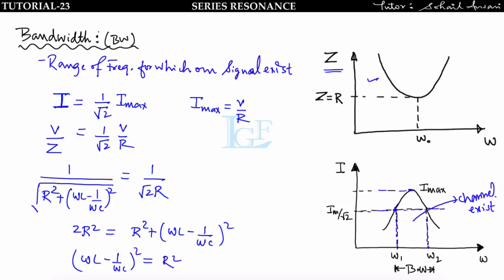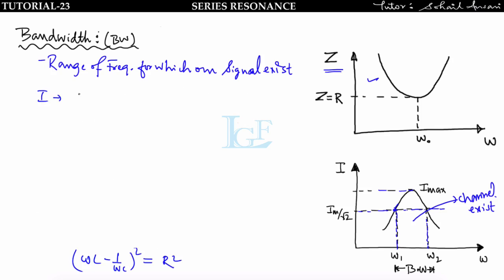So here two cases arise. Case number one is when omega L minus 1 upon omega C is equal to minus R, and case number two is when omega L minus 1 upon omega C is equal to plus R. We will take these two cases in order to find the lower cutoff frequency omega 1 and the higher cutoff frequency omega 2.